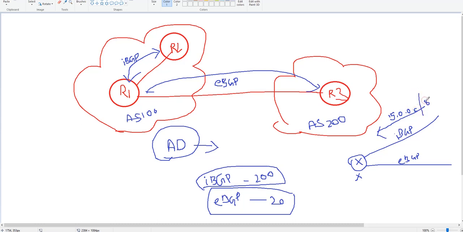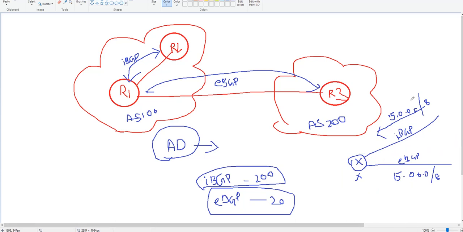/8 over iBGP, and it is also receiving an update for the same 15 network /8 over eBGP. So router X will prefer eBGP rather than iBGP. Why?